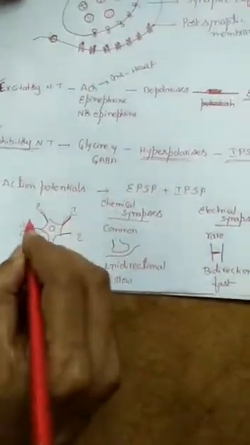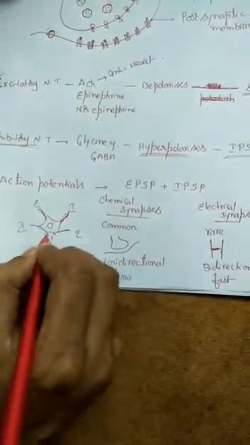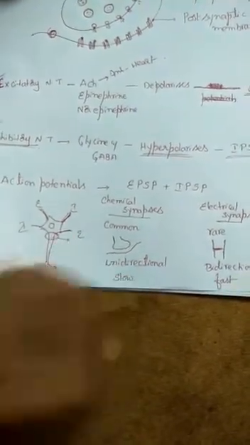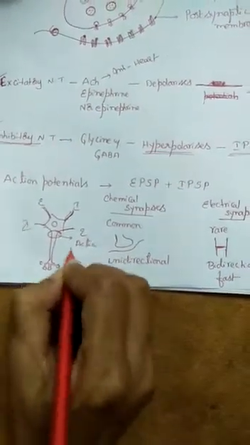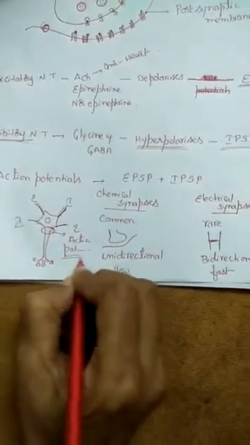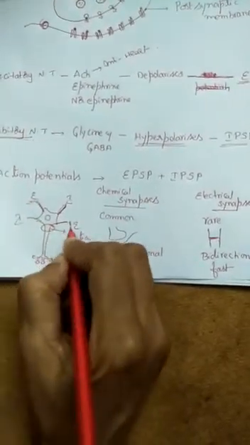And all these excitatory and inhibitory potentials sum up, they add up near the axon hillock, and an action potential is generated. An action potential is generated if there are more excitatory postsynaptic potentials.